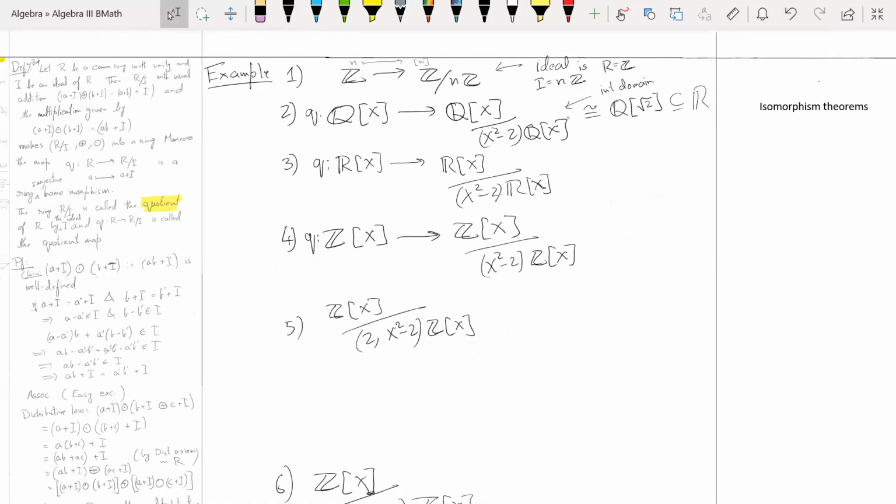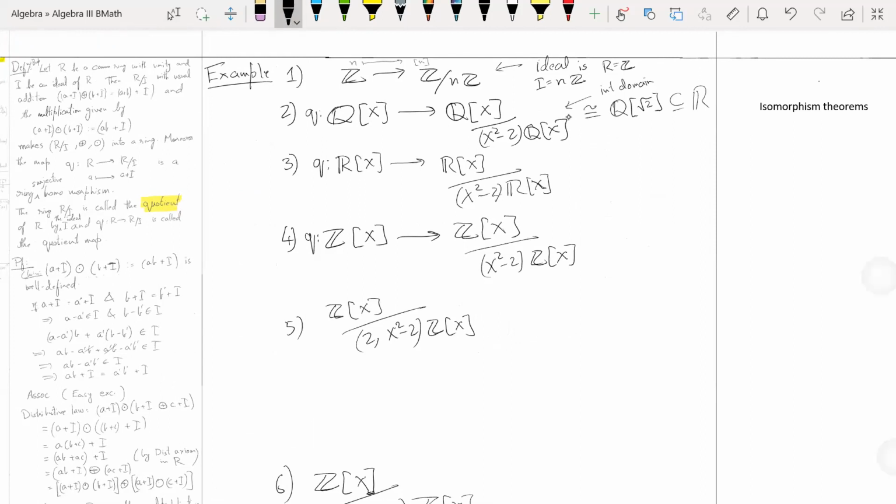Now let me tell you about this ring homomorphism. The more rigorous way of doing this is using the isomorphism theorems. I think today we won't get there, but I'll use those isomorphism theorems and prove it for you. So let me define a map.